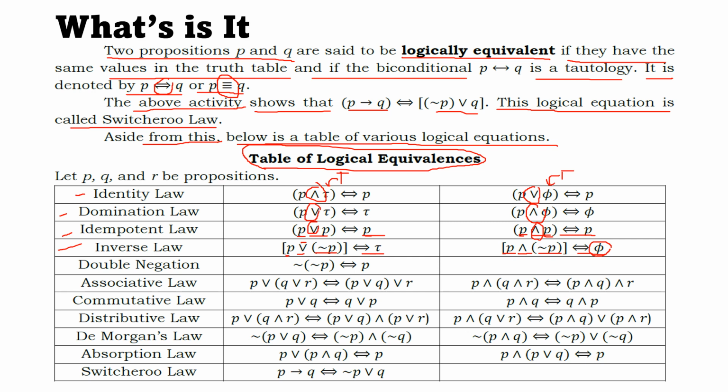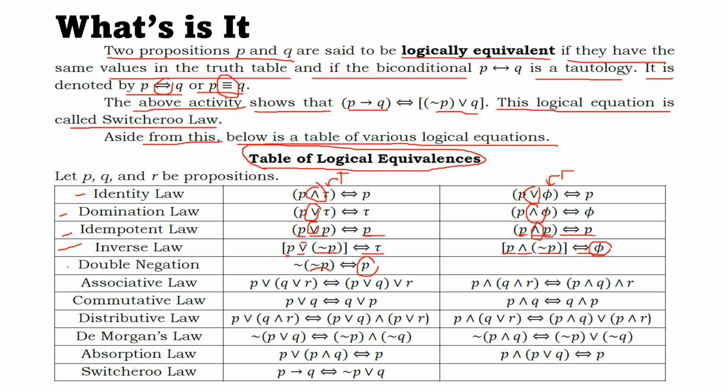Now, dealing with your double negation. As you can see in this one, if we apply a double negation, the resulting value is still P. Why? Because if we apply your negation to your original proposition P, that is totally opposite of your original proposition.